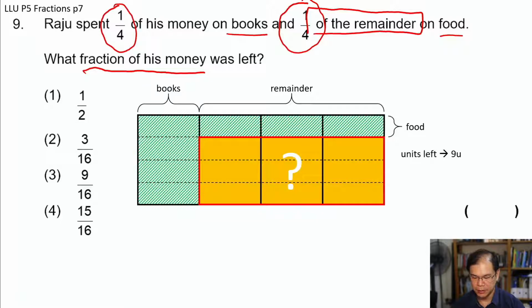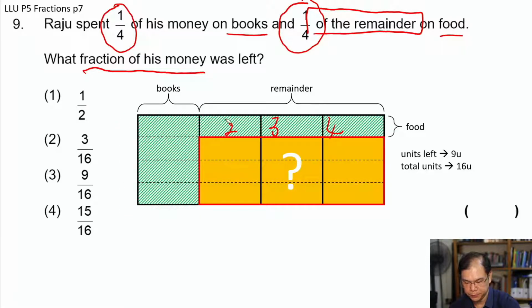How many units are there altogether? You take a look, you go and count by yourself. It's 4 by 4, 4 times 4, so it's 16. What do you mean 4 by 4? 1, 2, 3, 4, so 4 columns, 4 rows. 1, 2, 3, 4. So a total of 16 units.